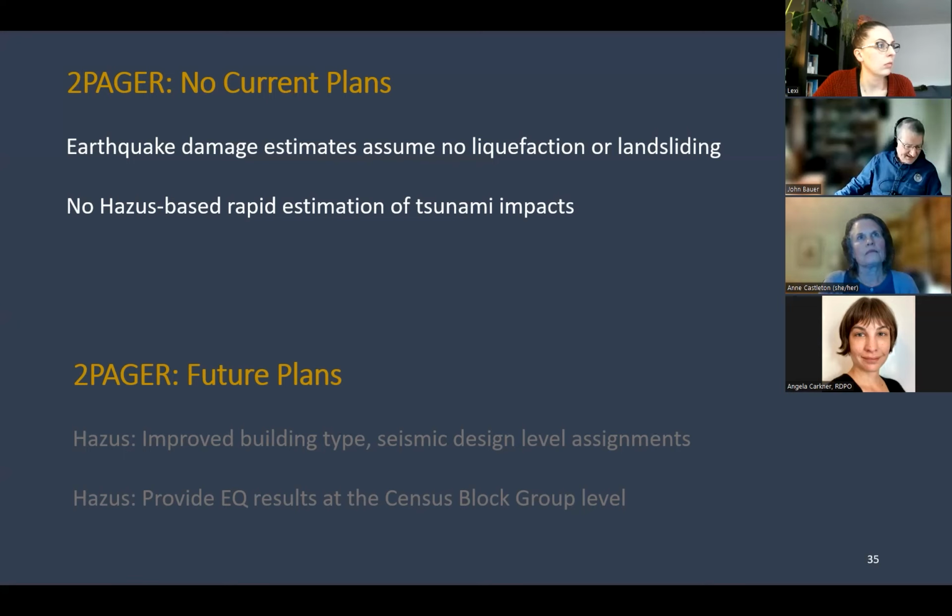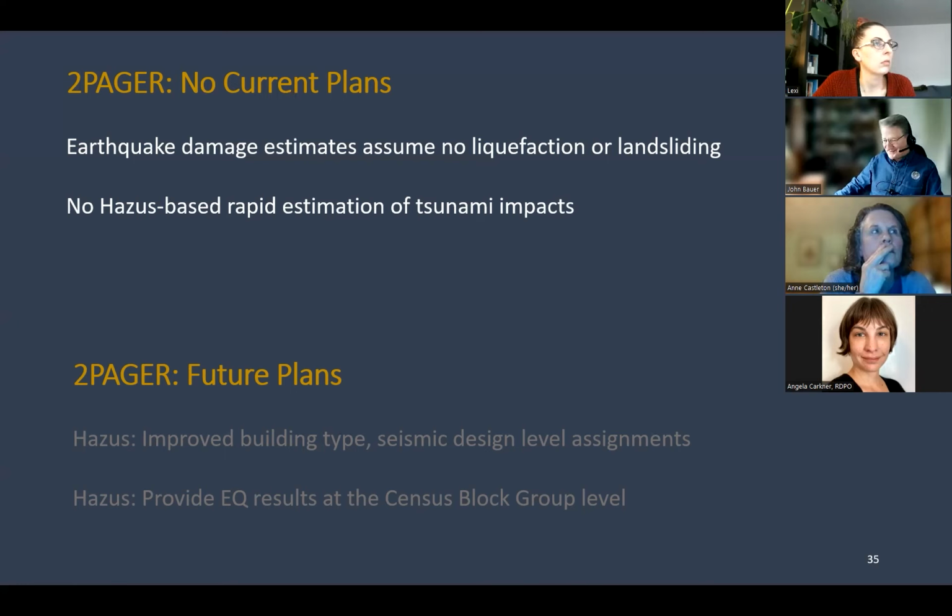Last fall, HAZUS released version 6.0, which used a much improved data set called the National Structure Inventory to inform the building characteristics, and it also used the Census 2020 data. With that, I thought, yes, there's still room for improvement, and those points get to that, but don't let the perfect be the enemy of the good.